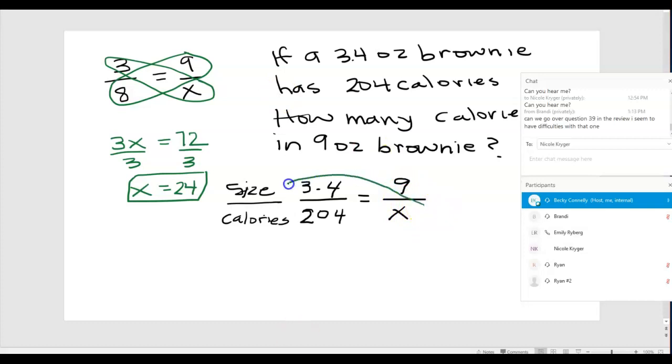So do 3.4x equals 9 times 204. Yep. In the 9 ounce brownie, right?